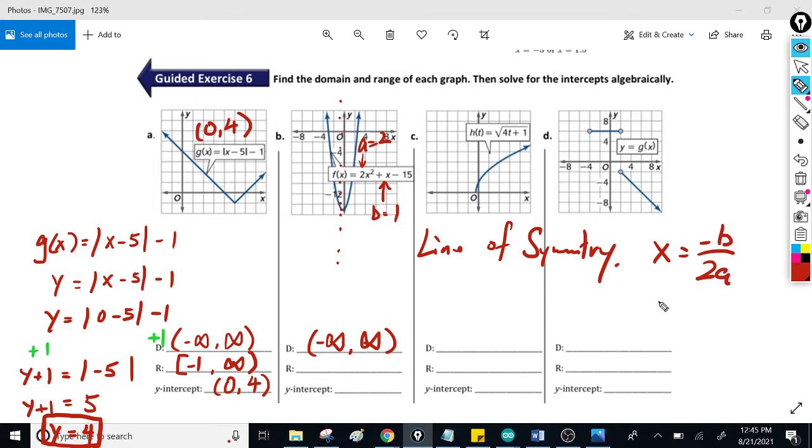Now put it back into this formula right here. So that means -1 divided by 2 times 2. That means -1/4. So the line is symmetrical at x equals -1/4.